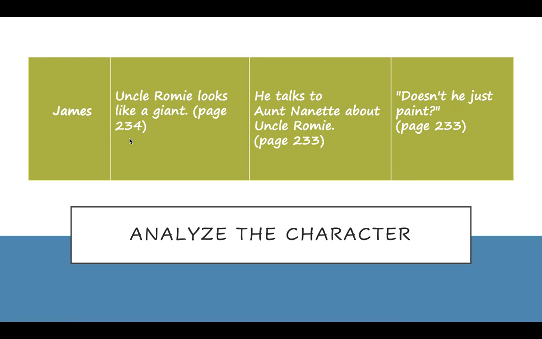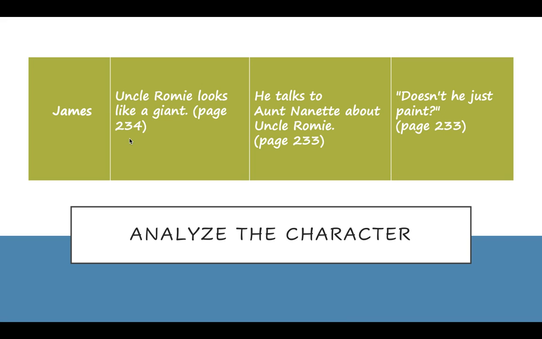So here's an example. So we have James. He's our little friend. He came to visit his aunt and uncle in the city, and his thought is Uncle Romy looks like a giant, and that came from page 234. Okay, and then it says he talks to Aunt Nanette about Uncle Romy, and his words are, well, doesn't he just paint?